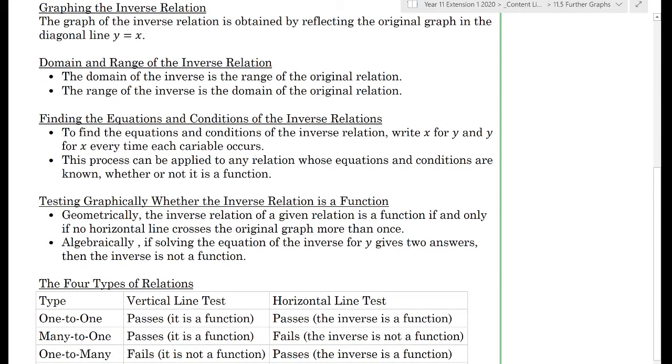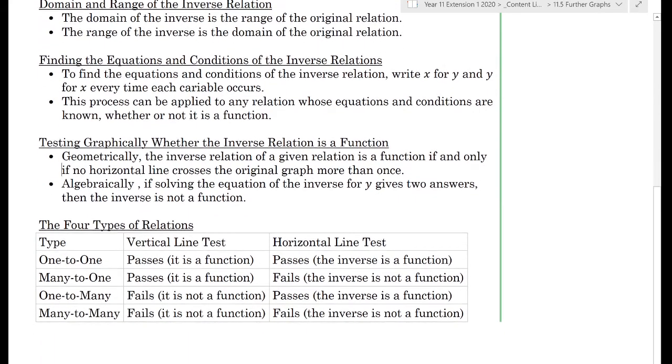Now, testing graphically whether an inverse relation is a function. If you have a function, then its inverse may not necessarily be a function. So the way we're going to test graphically is by doing our vertical and horizontal line tests. If a relation passes the vertical line test, then it is a function. If it fails, it's not a function.